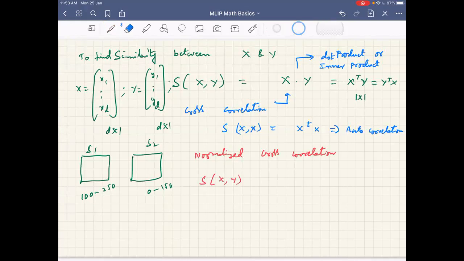I have written NCC here. So how should I write normalized cross correlation? X transpose Y by, with what should I normalize? Norm X, norm Y.